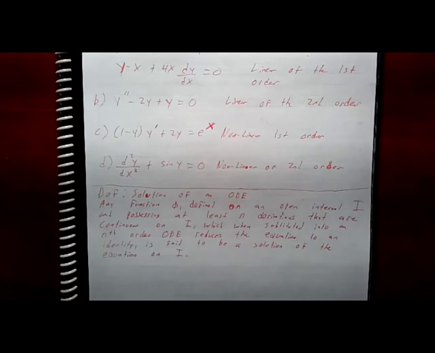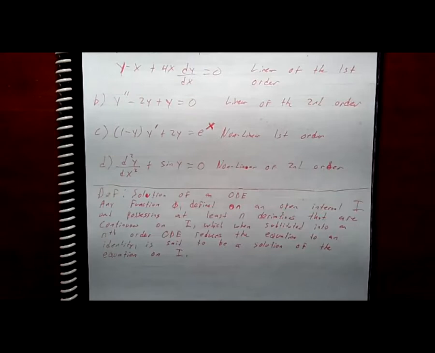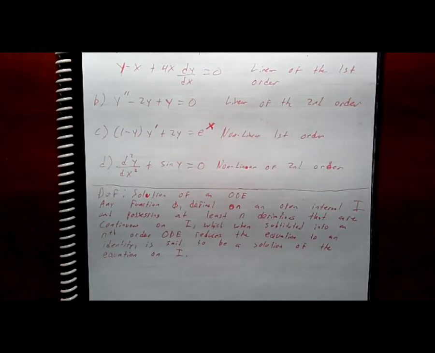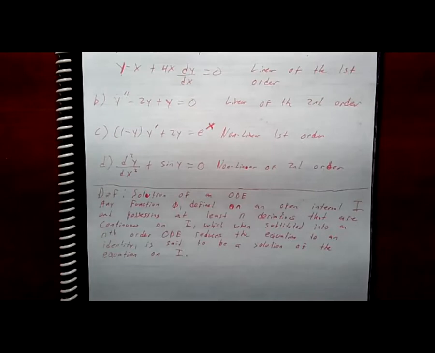It's a little wordy definition. But to put it in plain old English, this is saying that the solution phi on some interval I has to have n derivatives, meaning you can take as many as you like. Hold on, sorry, that's not true. One moment. N would be the same as the order.